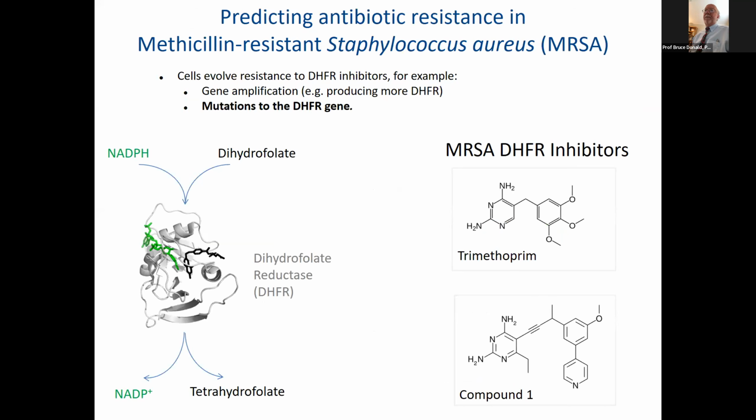So one thing my group did is we were really interested in looking at a particular target where we thought resistance would emerge and seeing if we could predict in silico, on computer, using protein design, the resistance mutations that would evolve when you treated with this. So we looked at dihydrofolate reductase. So this is an enzyme that reduces dihydrofolate.